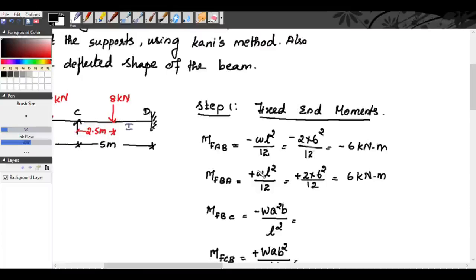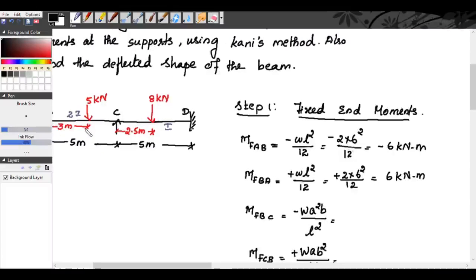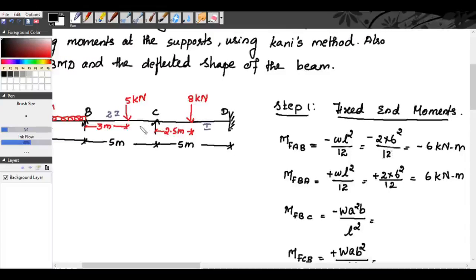Now we will move on to the span BC. For finding the fixed end moments, we will assume the supports are fixed.